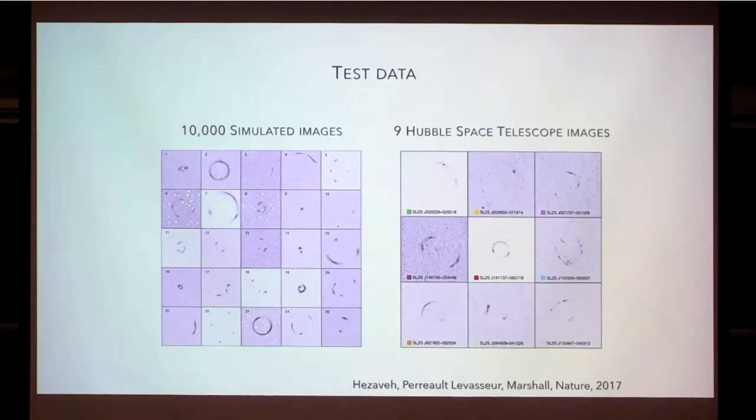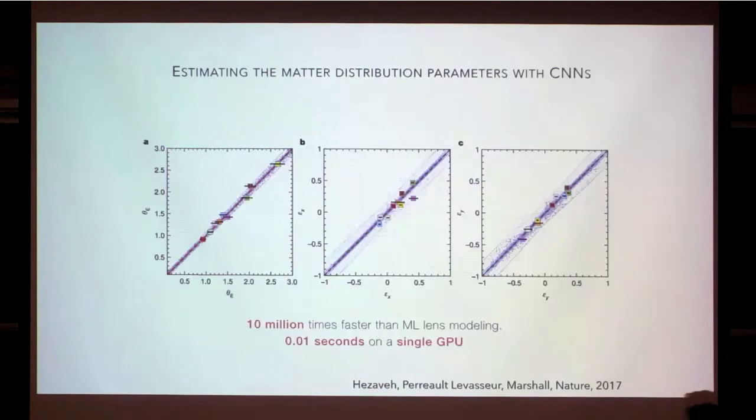These are 9 gravitational lens background sources from the Hubble data. And these were the results. These were the predictions of the networks as a function of their true values. And for the real data, the true values were taken from previously published works.